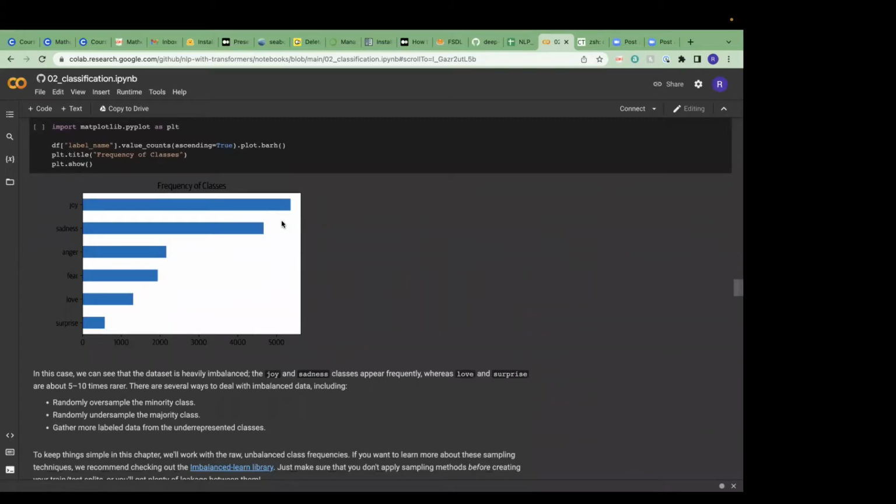Another thing would be to undersample the majority class. So undersample joy: you take maybe 1 in every 5 joy tweets so that it lines up well with the number of surprise tweets that you have.